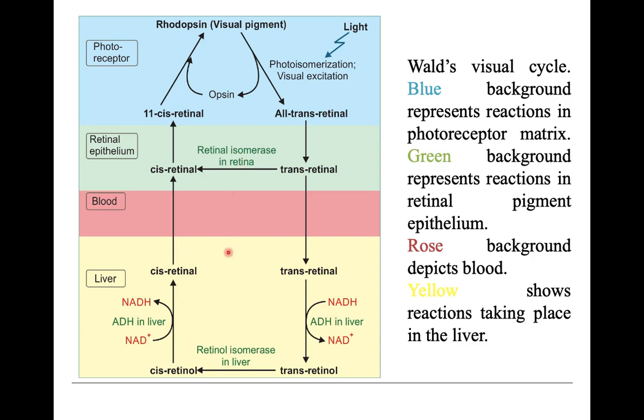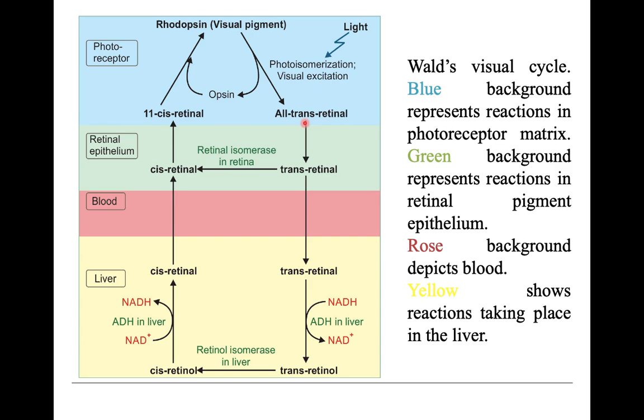Okay, good. So after that this retinol will once again be converted to cis retinal by the same enzyme, alcohol dehydrogenase, and this cis retinal goes to the retina and binds with the opsin and forms rhodopsin once again.